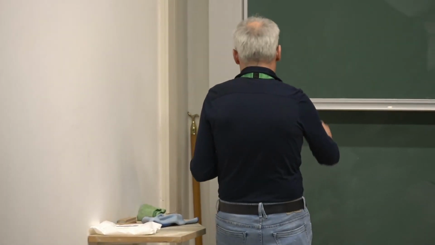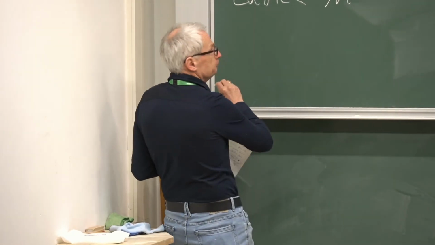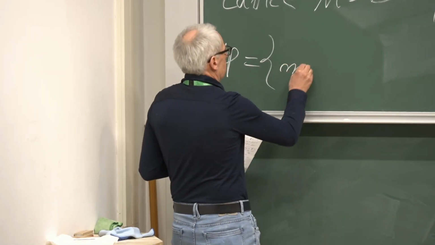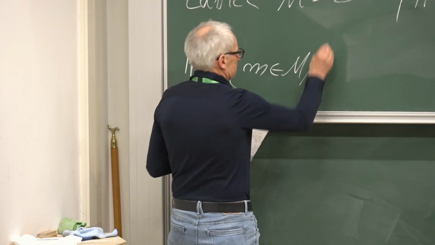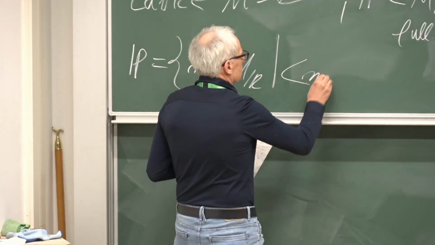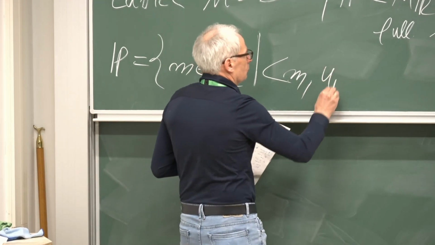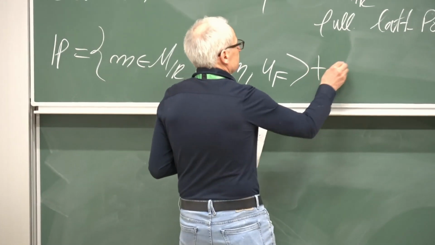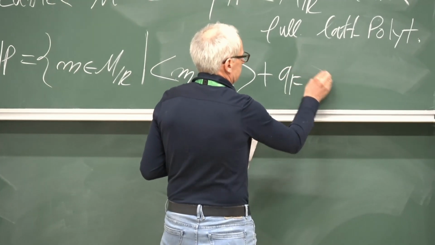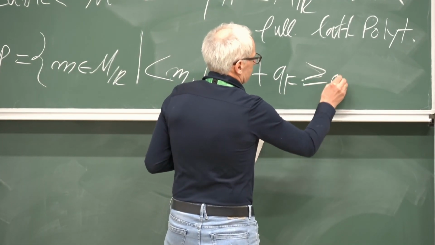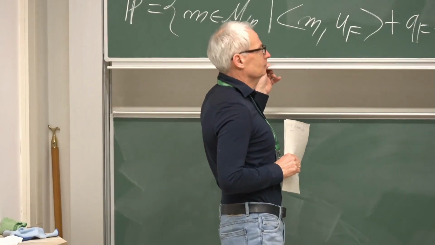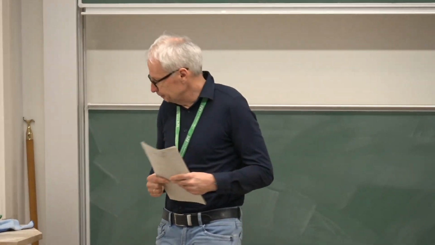And that means you can write a presentation of P. You can write P as all points in the vector space such that the pairing with a normal vector to the facets, I will explain, plus some shifting integers is greater or equal 0. So you get such a presentation by inequalities.